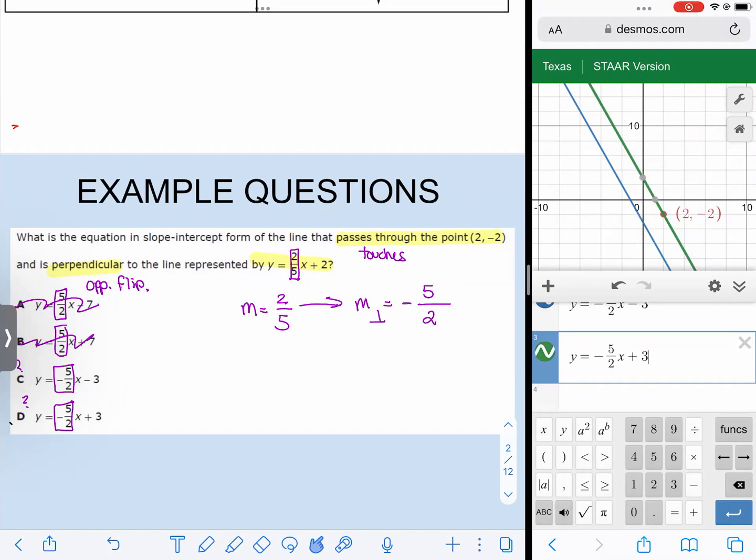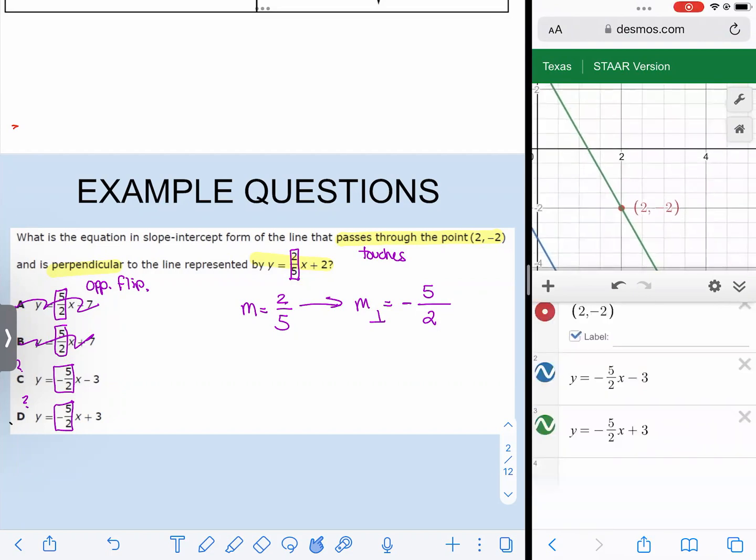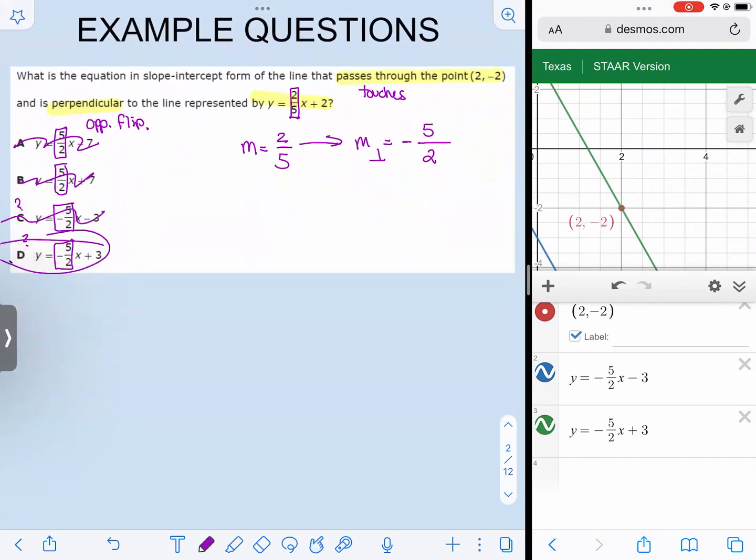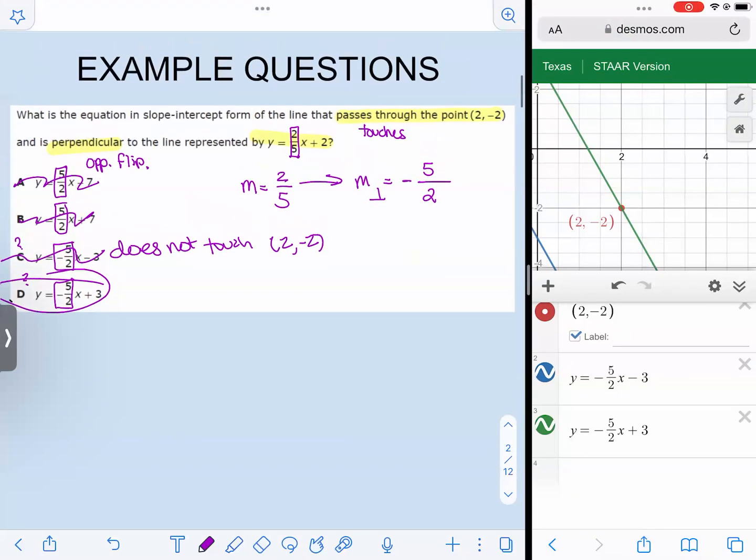And boom, you can see this green line very nicely hits the point there. My answer is going to be D because it touches the point. So D is the correct answer. C does not touch (2, -2). And that's that first question.